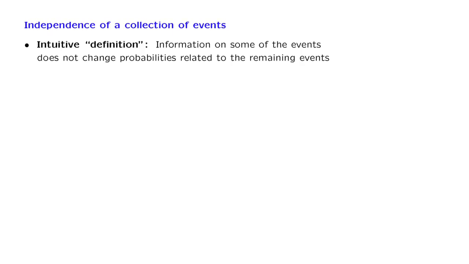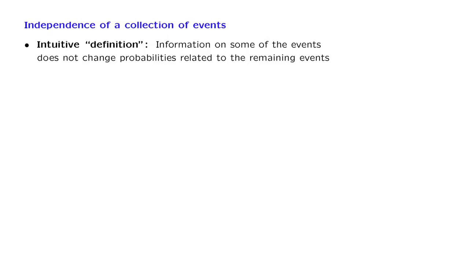Let us start with the intuition. We will say that a family of events are independent if knowledge about some of the events does not change my beliefs, my probability model for the remaining events.